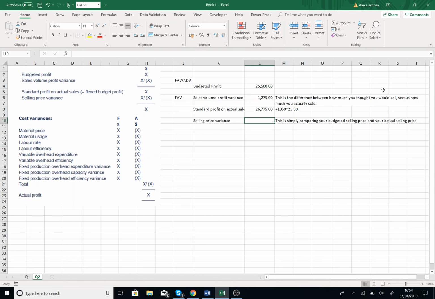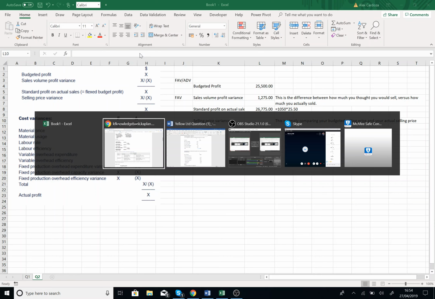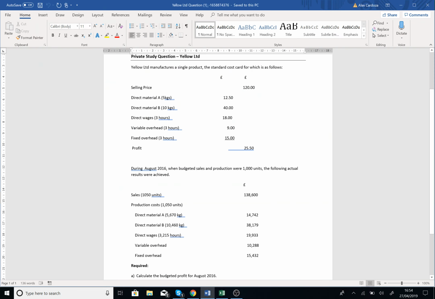Okay, and you then times that by the amount you actually sold. So what was our budgeted selling price? Our budgeted selling price was 120. It gives it to us there per unit.